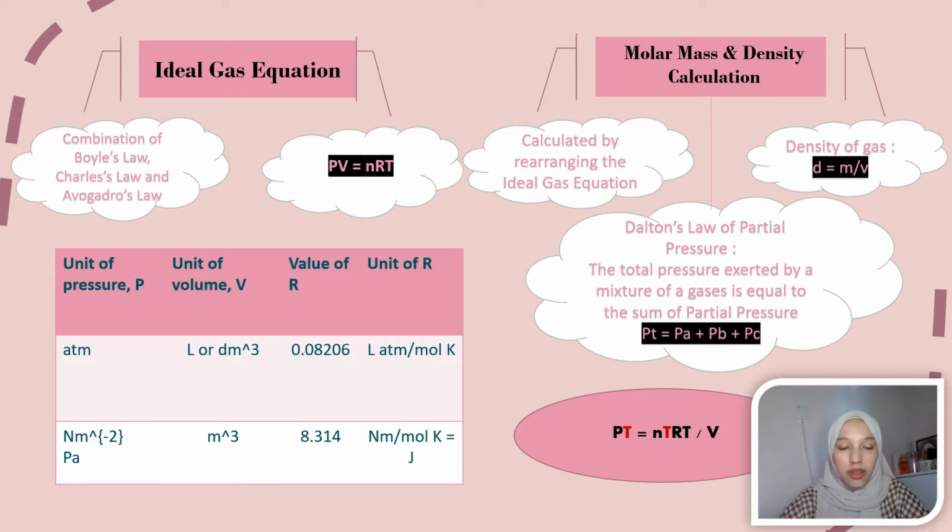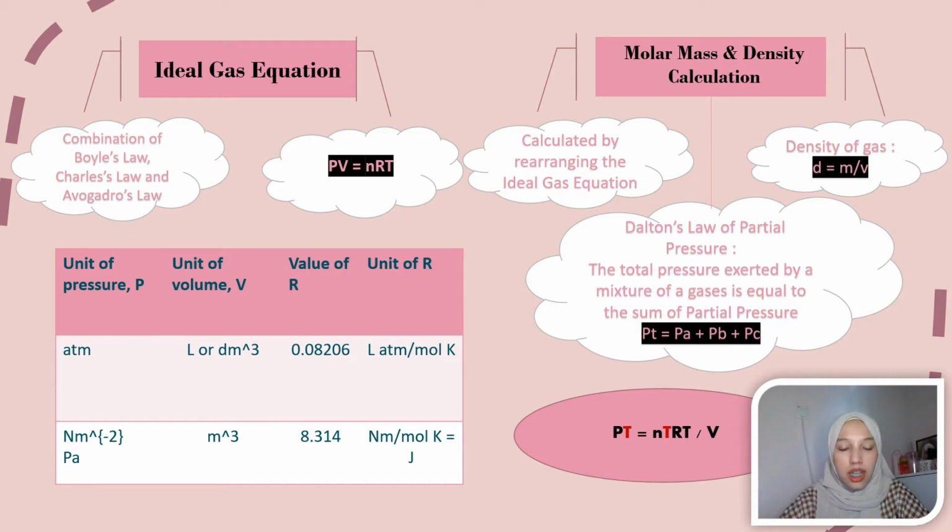For the first unit, atm, the unit of volume is L or dm^3. The value of R is 0.0821, and the unit of R is L atm divided by mol K.